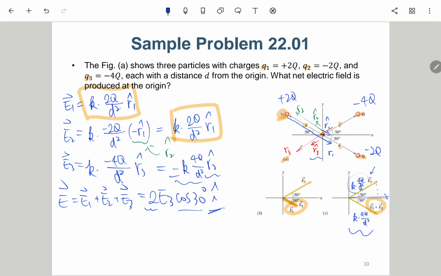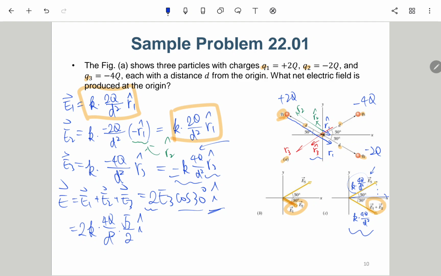Okay, so in this case, we can put in the values here. So this is actually 2K times 4Q over d squared, and cosine of 30 degrees is square root of 3 over 2, and then i hat.